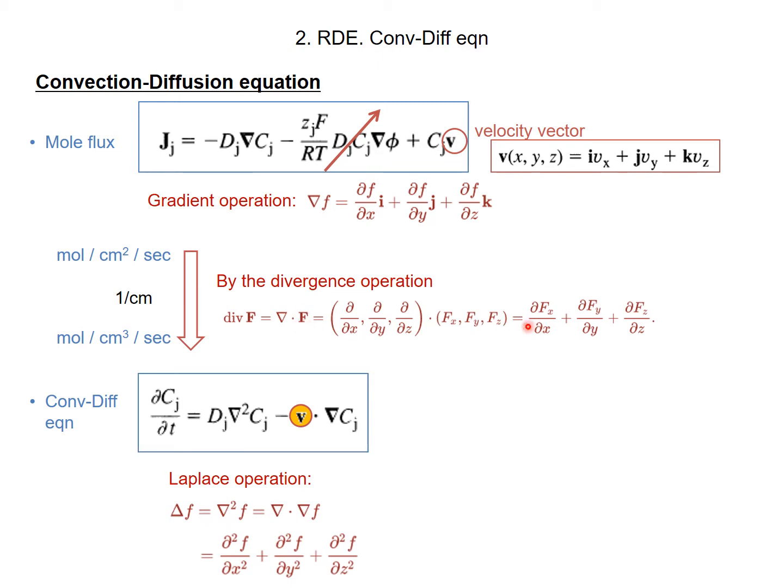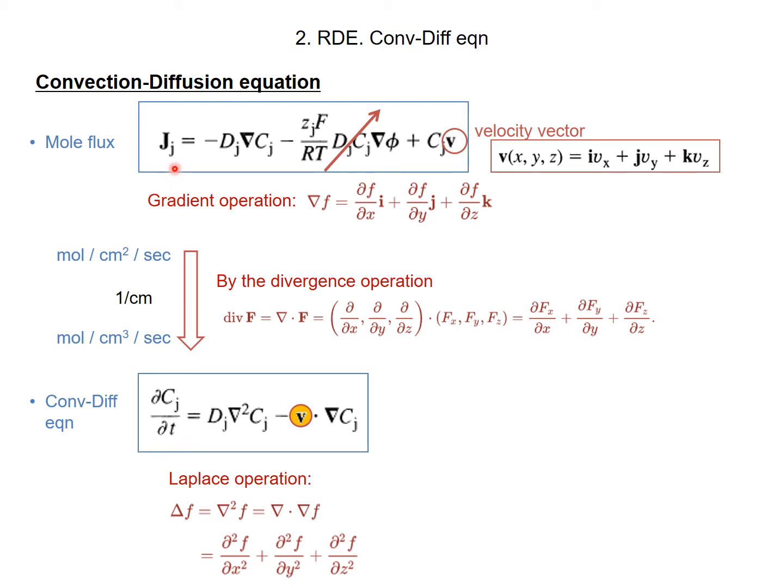It means the final description of this operation is the first derivative of f in terms of x, in terms of y, and in terms of z. The gradient operator is a vector, and also this function is a vector. So the resultant product of the divergence operation is a scalar. So let me take the divergence operation of the mole flux equation. Then it is going to be there.